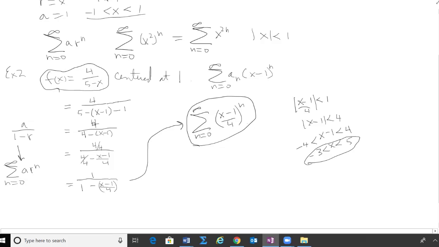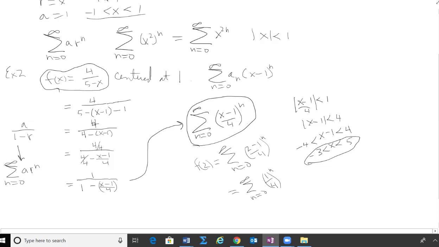In other words, if I put a 2 in there, f of 2 would be this. I have a 2 minus 1 over 4 like that, which is really the same as 1 over 4 to the n. And then we can see that that is a geometric series.